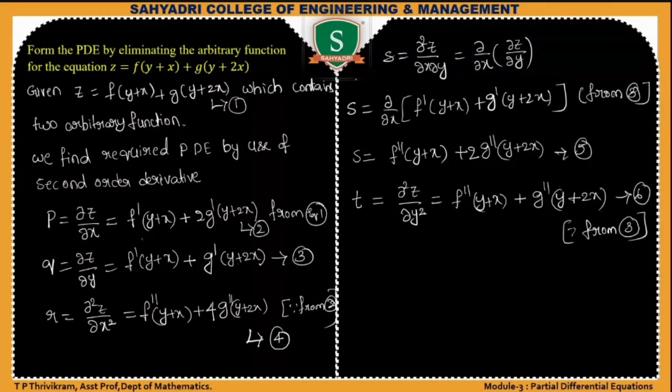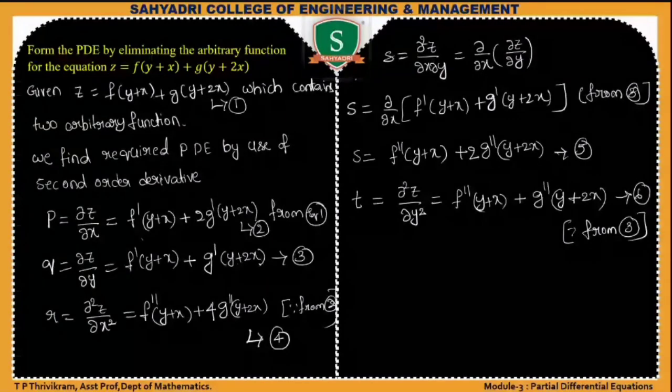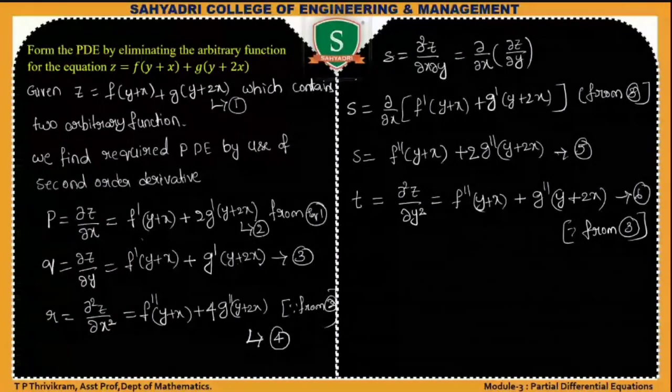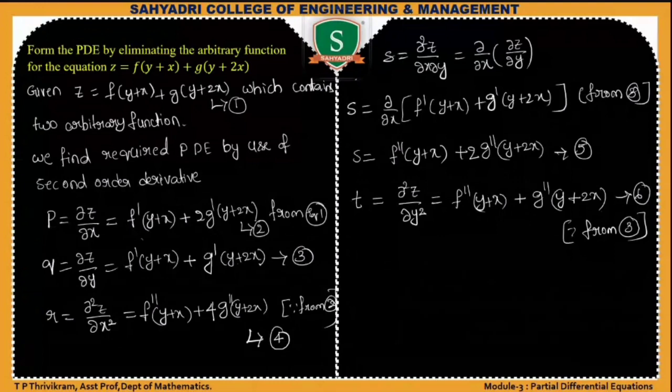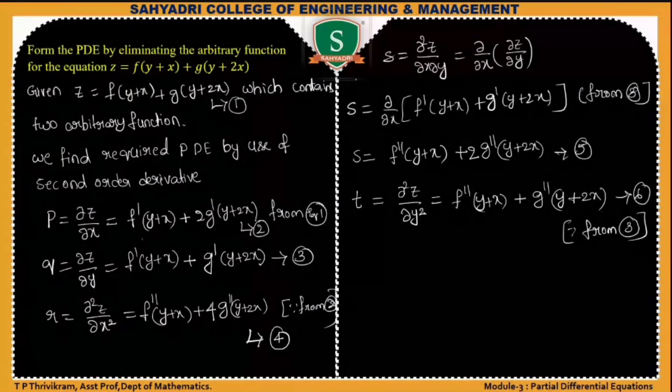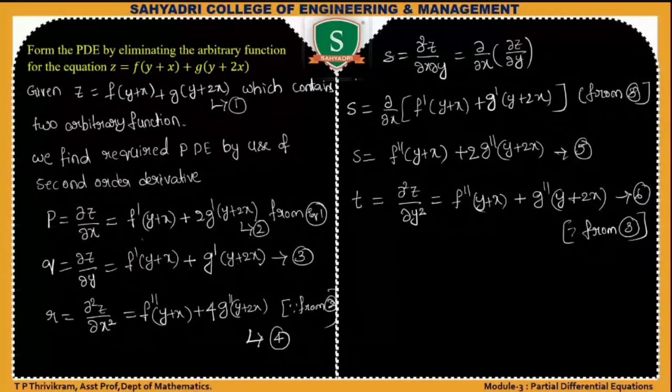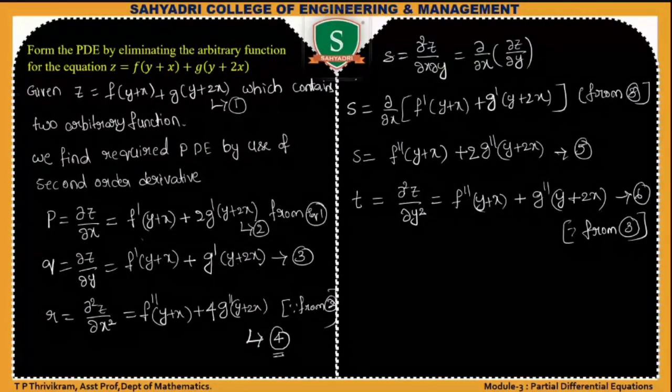Now we have found all the second order derivatives. So now, making use of all these equations, you can eliminate f and g. Observe this properly, whether you can eliminate this or not. Suppose I take r minus s, that means equation 4 minus equation 5.